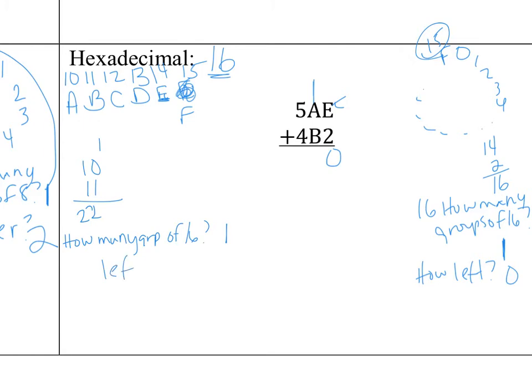And how many left? 6, right? 22 minus 16 is 6. The leftover goes here, and the groups go to the next column. And then 5, 6, 7, 8, 9, 10. So 10 is A, so we write A.